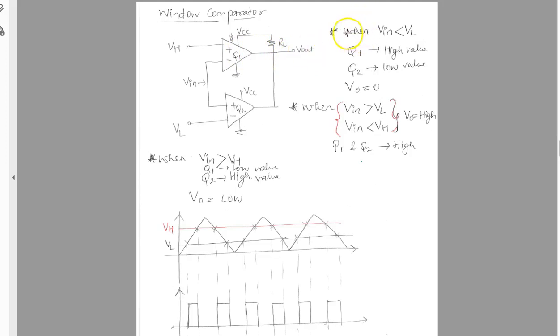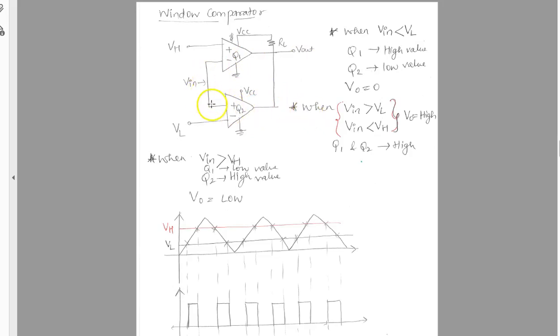The first case is when your input voltage, which you are giving here, is less than this VL. This is VL and this is VH. When the input voltage is less than VL, at that time the Q1 op-amp is going to give a high value, and Q2 is going to give a low value.